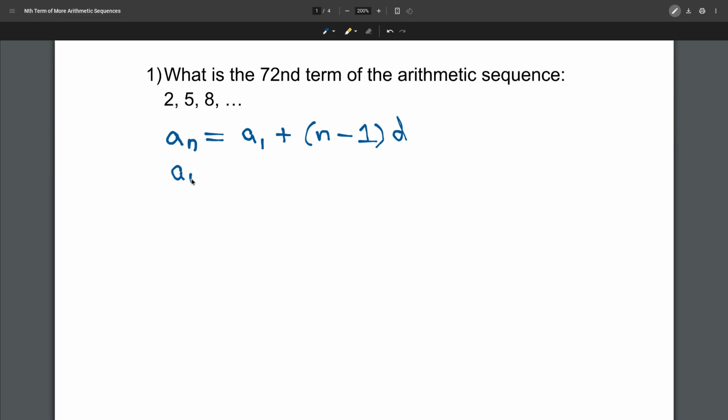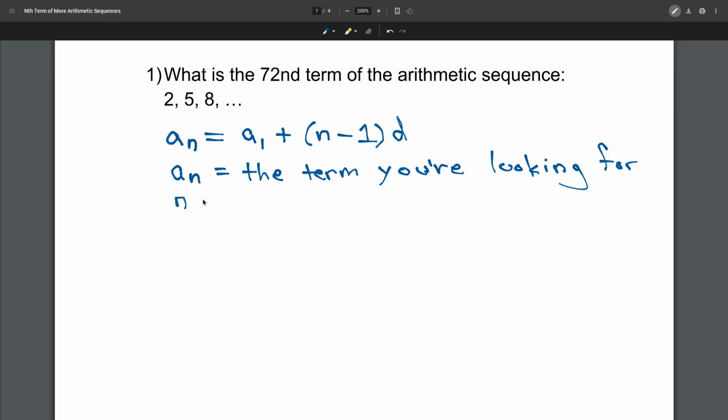So a sub n is the term you're looking for, and n is the number of the term, and d is the common difference.